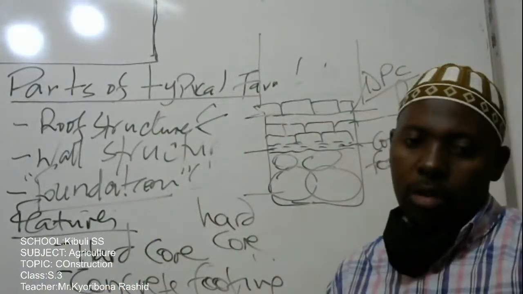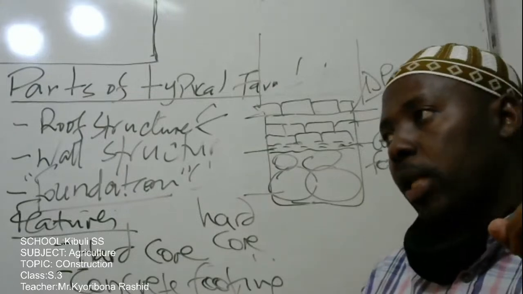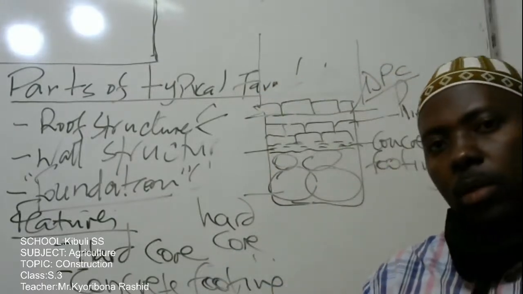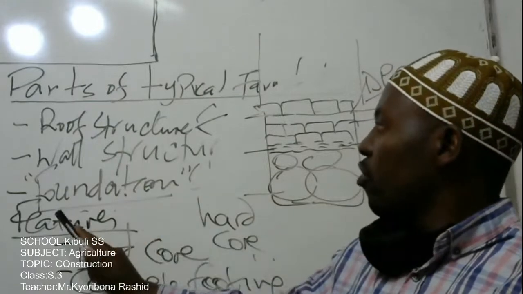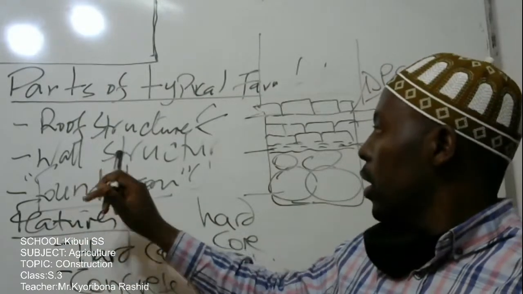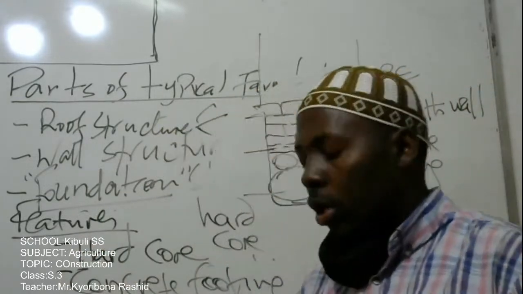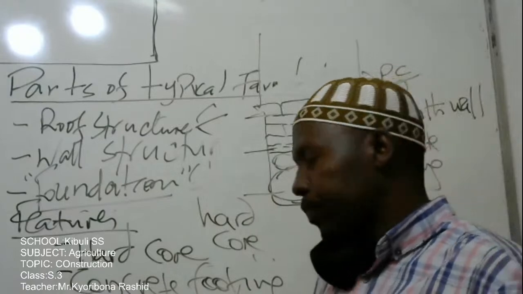foundation. Remember, I said there are 3 basic parts of the typical farmhouse. One of them is the roof structure, which we have looked at, the wall structure, and then the foundation or the superstructure.